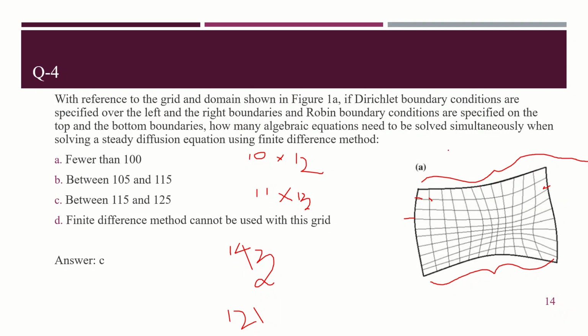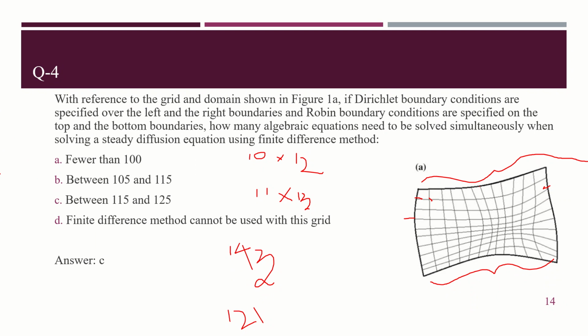Now in the top and bottom we are using the Robin boundary condition. With the Robin boundary condition, we use Dirichlet in some zones and Neumann boundary condition in some zones. So some values will be known and some values will still be unknown. Those things would come between plus or minus 5 we can take.